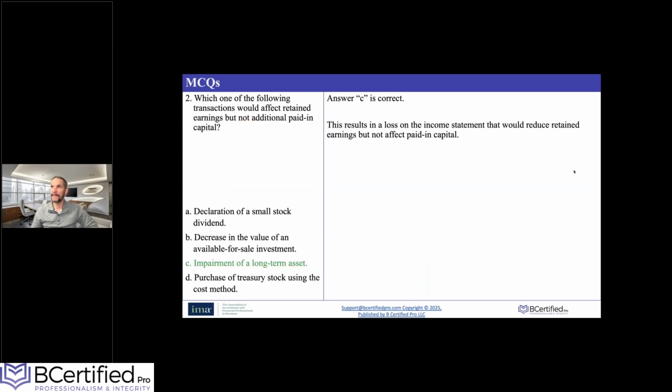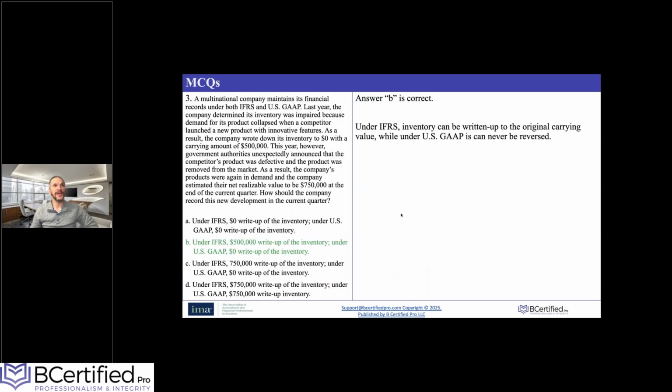Now, number 3, how should the company record this new development in this current quarter? A multinational company maintains its financial records under both IFRS and US GAAP. Last year, the company determined its inventory was impaired because demand for its product collapsed when a competitor launched a new product with innovative features. As a result, the company wrote down its inventory to zero, with a carrying amount of $500,000.